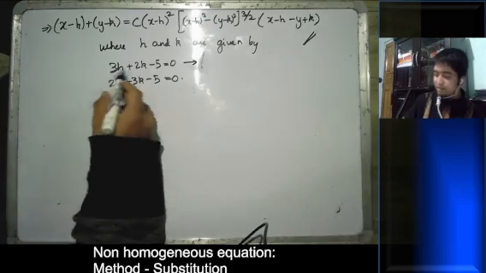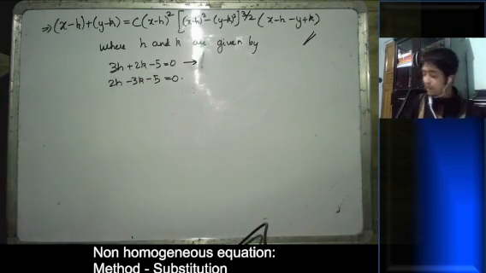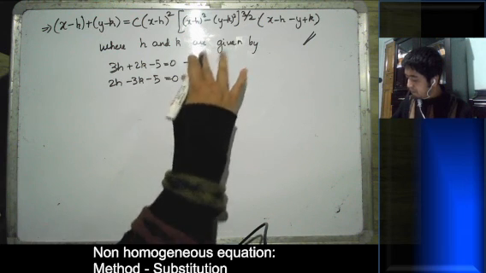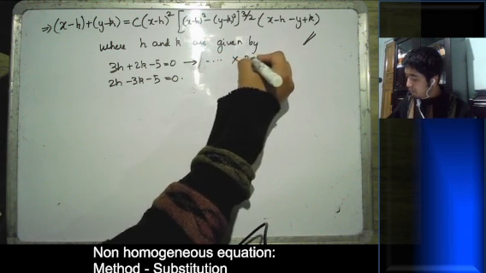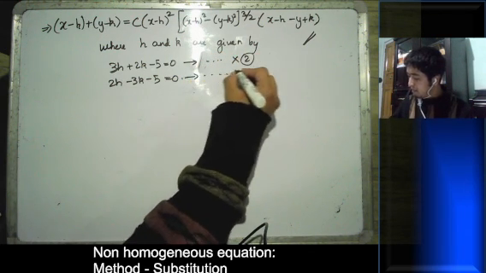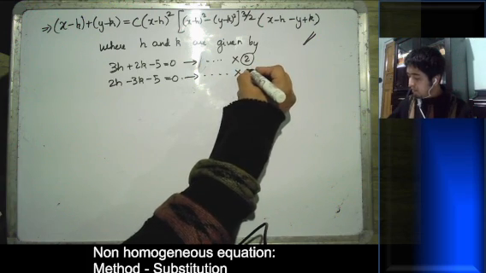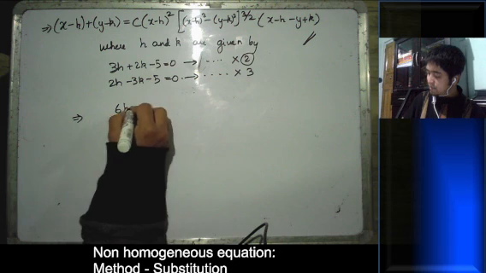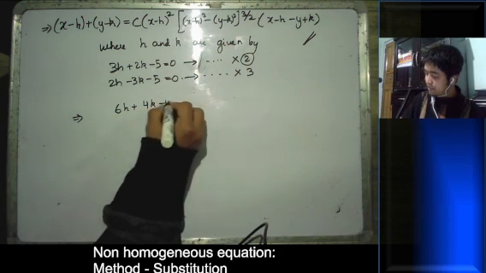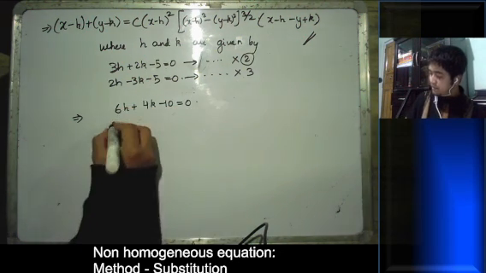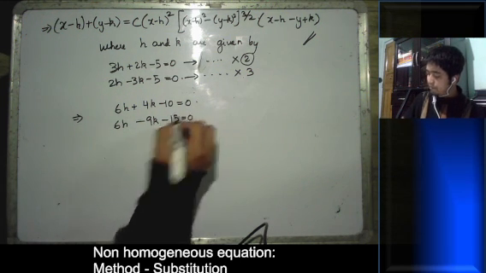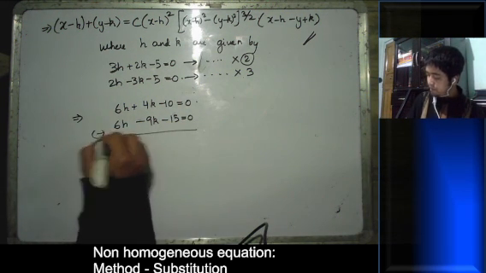You can solve for the value of h and the value of k. So you can multiply this one by 2, multiply this one by 3. So you will be getting 6h plus 4k minus 10 equal to 0, 6h minus 9k minus 15 equal to 0. So just subtract them.